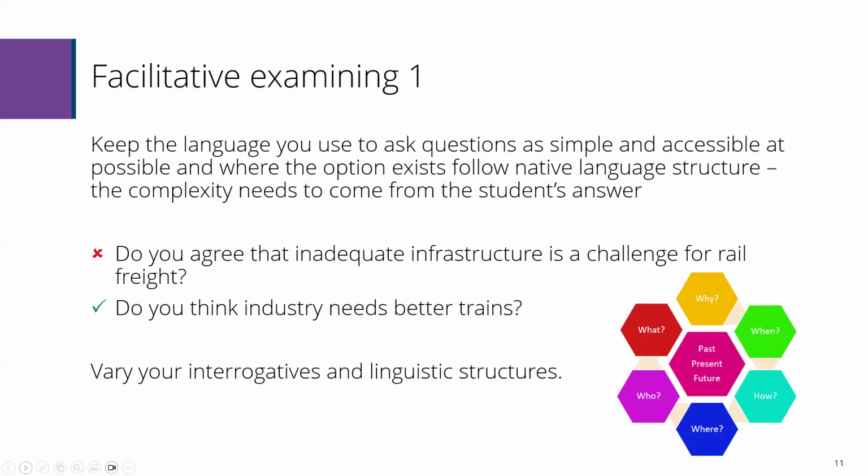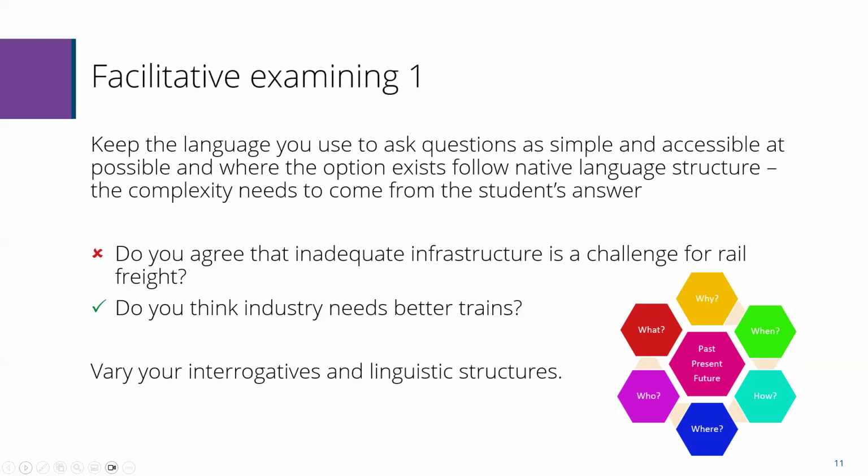In that example, we've got a simple, accessible question which will probably elicit the same information from the student. Okay, so think in terms of simplicity. Nice, simple questions. The complexity in performance comes in what they give you back, rather than anything that's a complex question. So keep it simple, particularly if you're a native speaker of the language yourself.